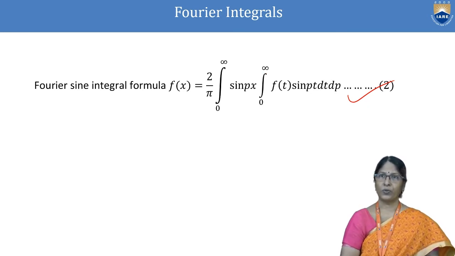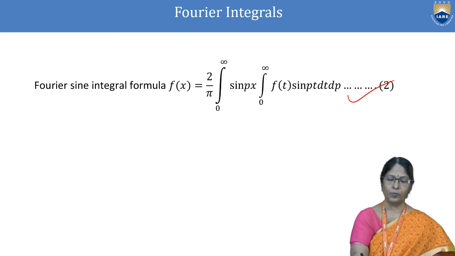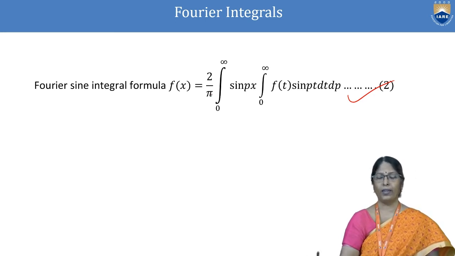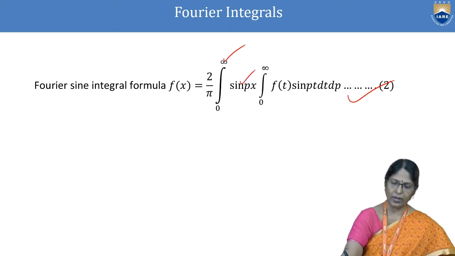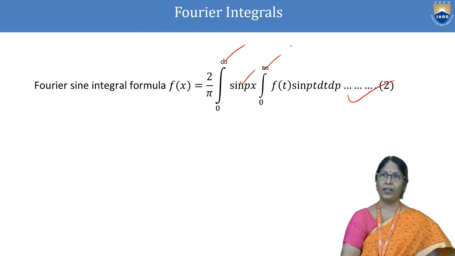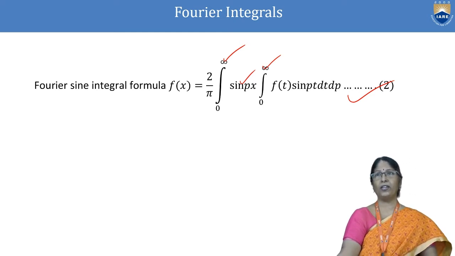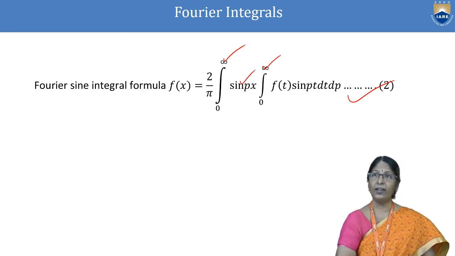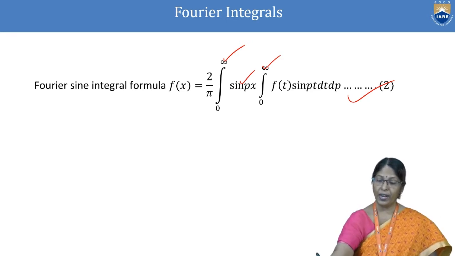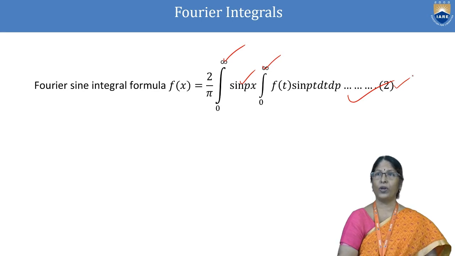After the substitutions, it has now become 2 by pi integral 0 to infinity sine px, integral 0 to infinity f of t sine pt dt dp. This Fourier sine integral formula, we name it equation 2.